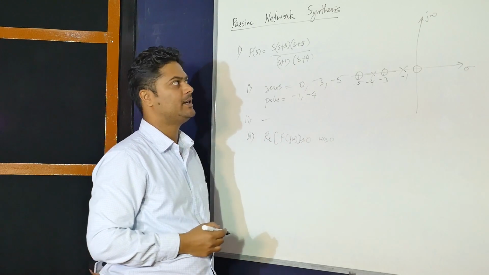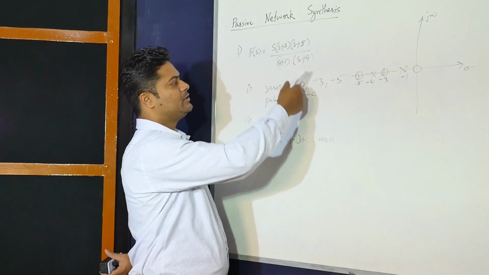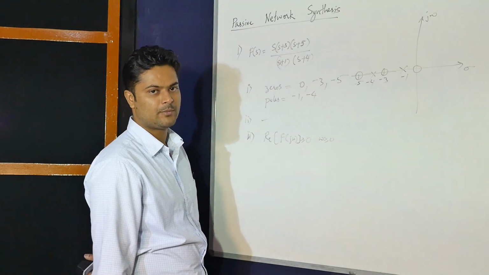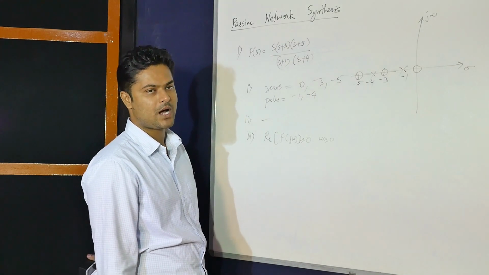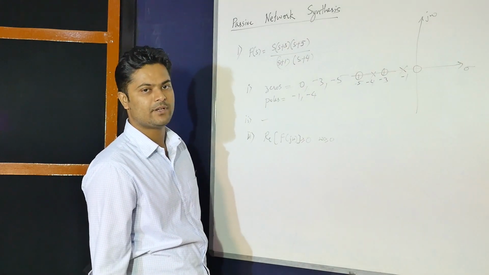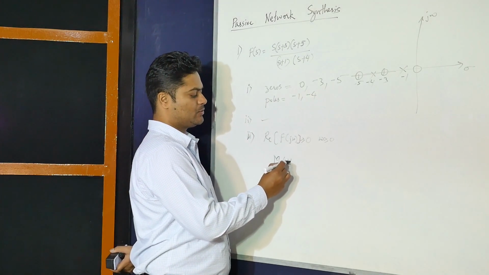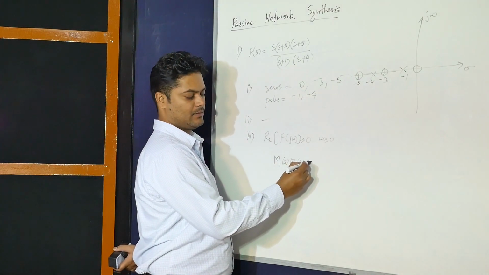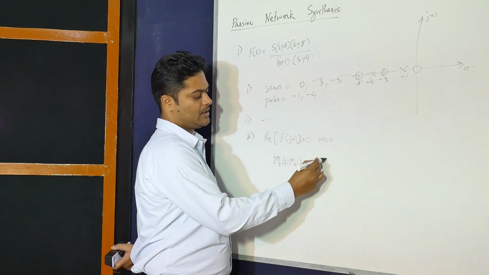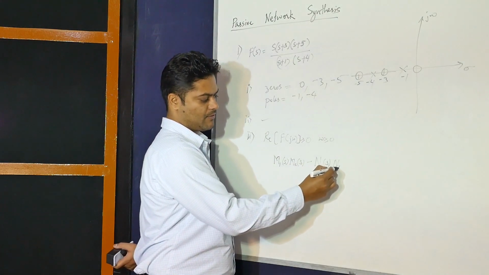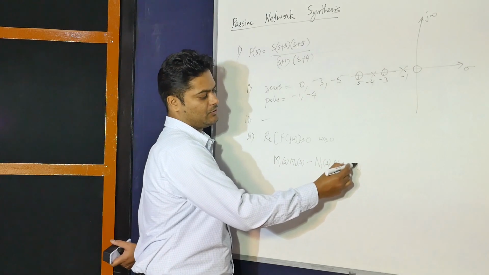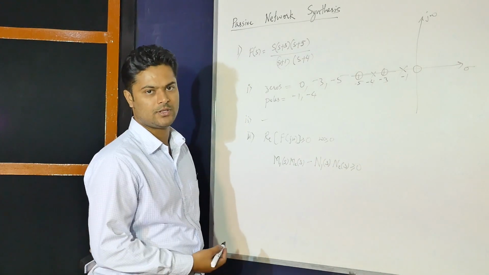For this, as we said in the previous class, we need to find the numerator polynomial split into odd and even parts, and the denominator polynomial split into odd and even parts. The necessary condition is that m1(s) m2(s) minus n1(s) n2(s) is greater than or equal to 0. This is important to find out.